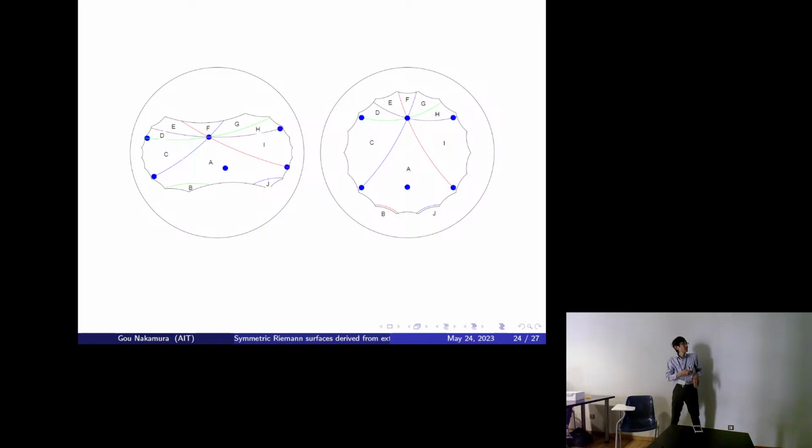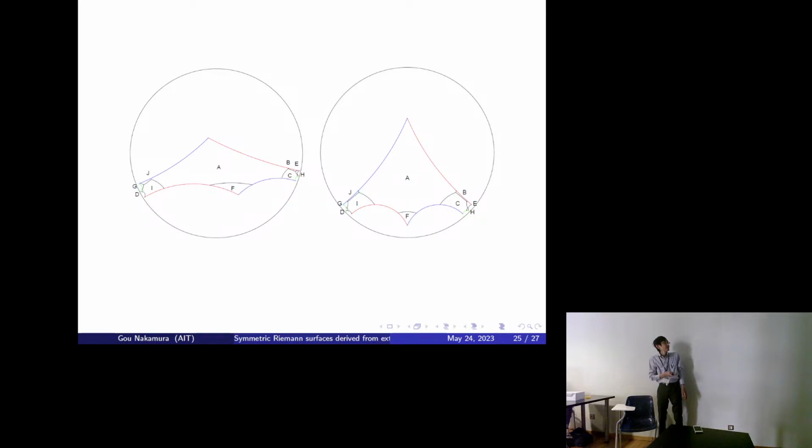There are blue points at various places, and I divide the polygon via geodesics to these points. After the cut and paste process, we get these two canonical polygons.